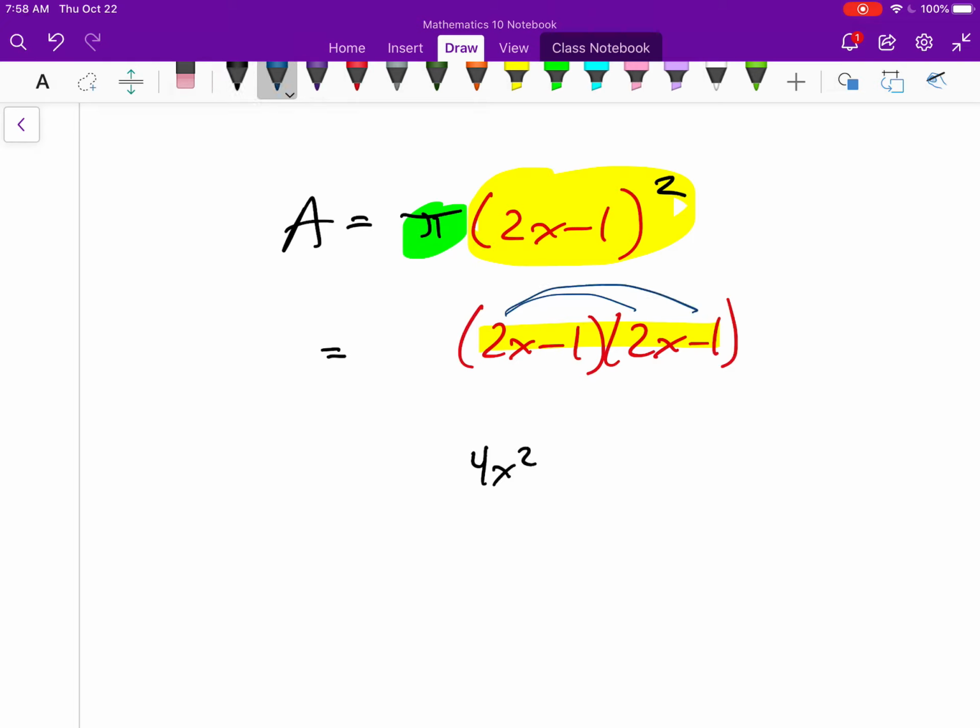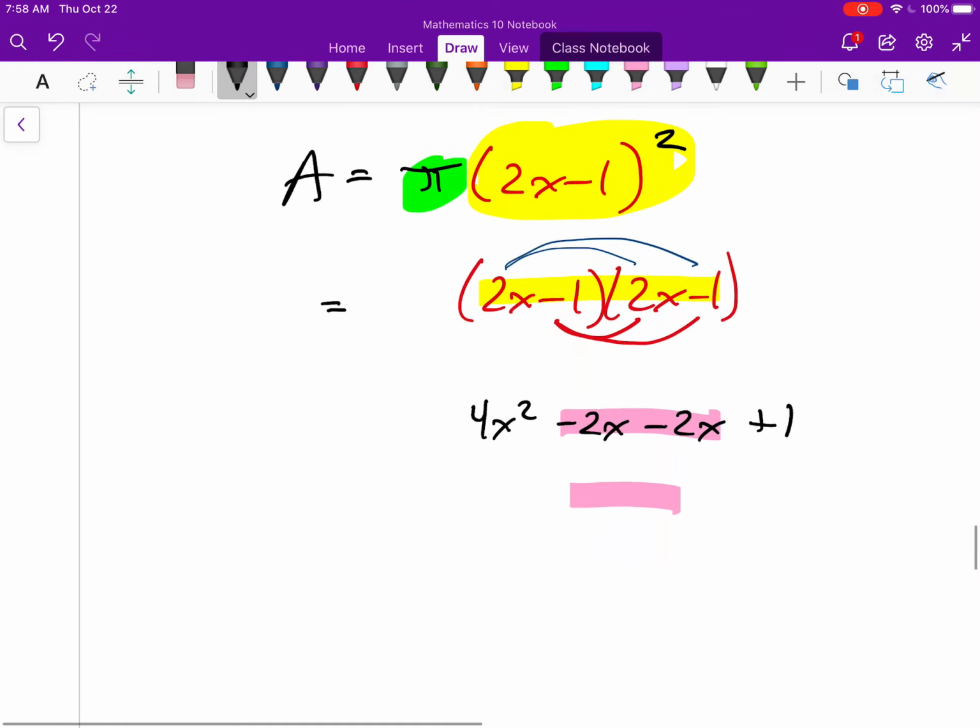I have 2x times negative 1, which is negative 2x. I have negative 1 times 2x, which is, again, negative 2x. And I have negative 1 times negative 1, which is positive 1. These are like terms right here. Let me put them together. So I have 4x squared minus 4x plus 1.